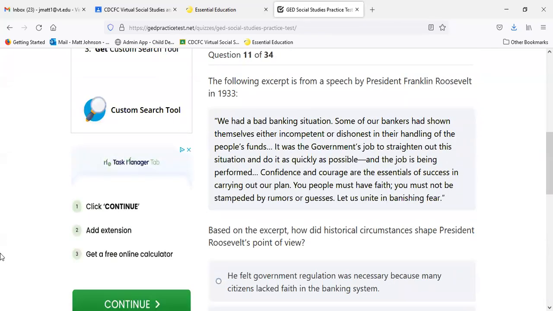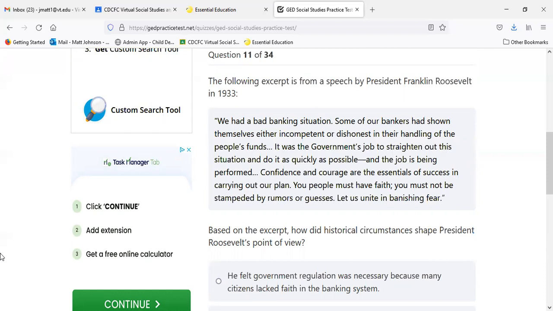The following excerpt is a speech from FDR, Franklin Roosevelt, in 1933. So remember what I told you about Franklin Roosevelt and what he's known for. So we had a banking situation. This is what he said in 1933. "Some of our bankers had shown themselves either incompetent or dishonest in their handling of the people's funds.